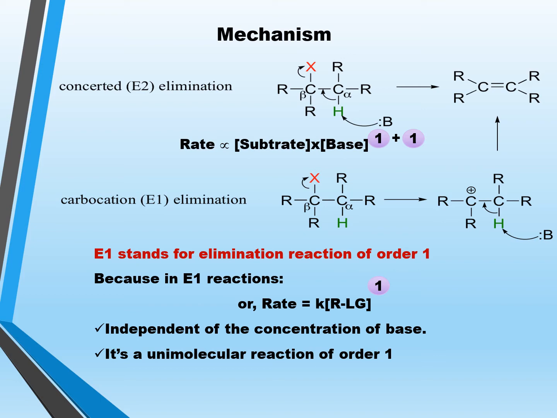So the bonding electrons will lie down to make the double bond, and the leaving group will leave due to electronic configuration fulfillment. When the double bond is formed, this carbon, the beta carbon, will have 4 bonds, and as a result it pushes out the leaving group, and we have the alkene.